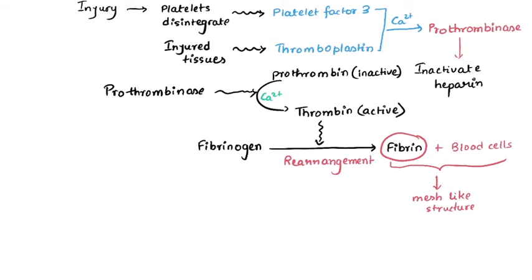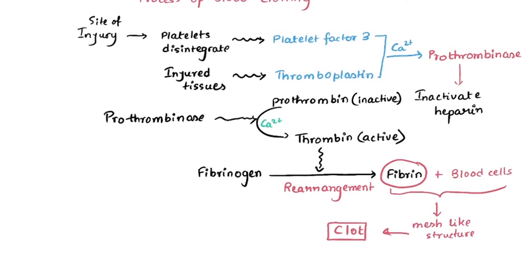As the fibrinogen is being rearranged into fibrin, it forms the mesh-like structure onto which the blood cells are trapped, and we get the clot. Now, soon after the clot starts contracting, a pale yellow fluid starts oozing out, and we know that is the serum. So this is how the clot is formed when we are having an injury.